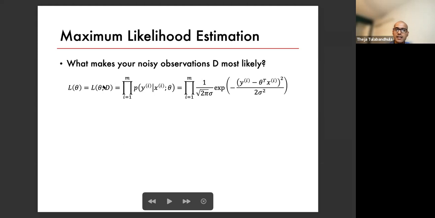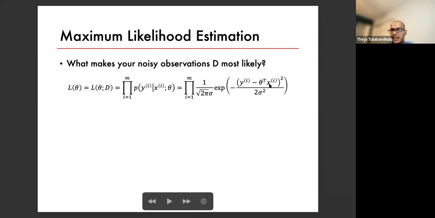So the likelihood of the data given theta is just the product over each example, i equals 1 to m. Let's say there are 100 examples, and it's a product of 100 terms of the probability of yi given xi and theta. We just showed right before the break that this probability of yi is exactly equal to the Gaussian distribution with a mean different from 0. Epsilons are 0 mean, and so yi's are not 0 mean.